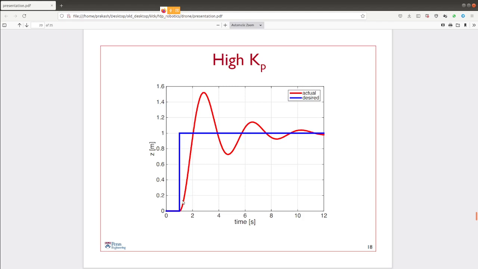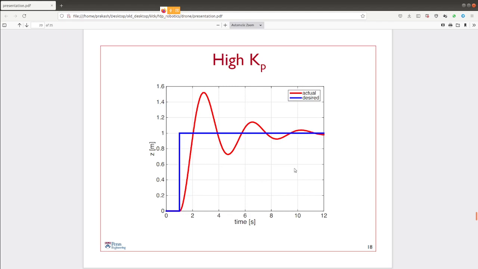If I choose a very high spring stiffness, what will happen? It will act like an underdamped vibration. So instead of starting from here and going here, it will oscillate and after that die down. It will take more time to go to the desired value.